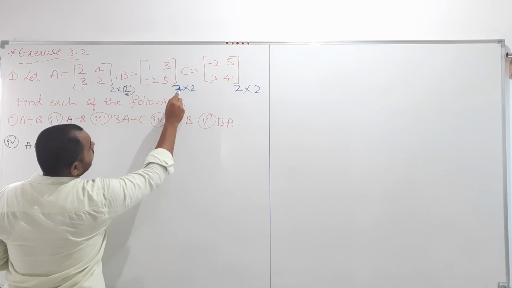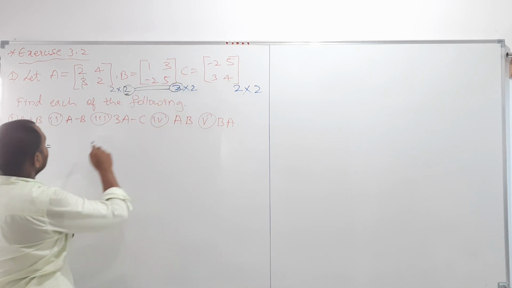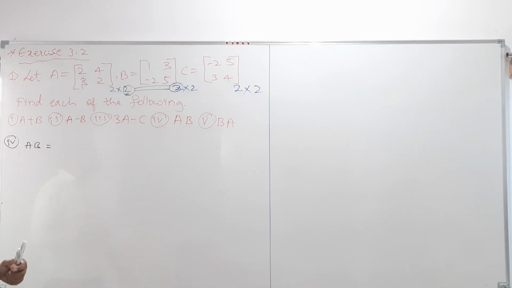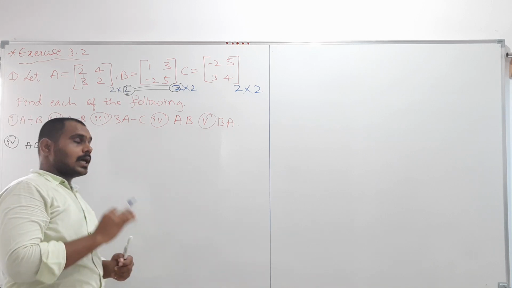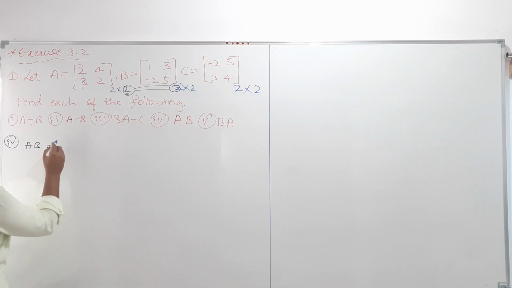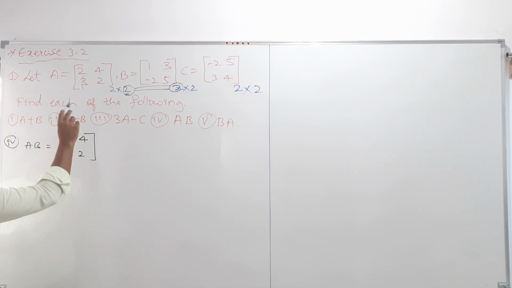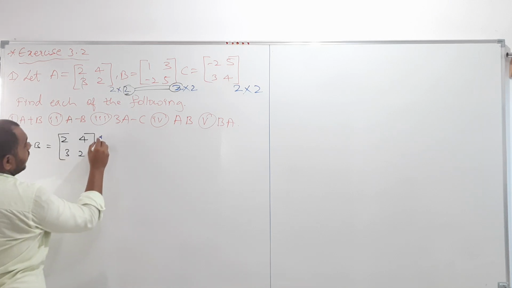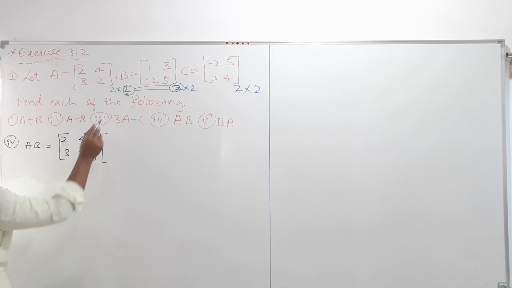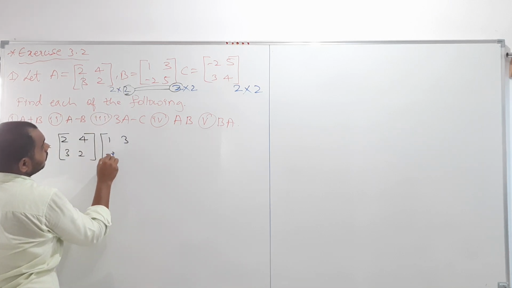And in B, how many rows are there? 2. Since these two are equal, we can multiply. These two matrices are eligible for multiplication. So here, this is your matrix A: 2, 4, 3, 2. And the other matrix B is 1, 3, minus 2, 5.